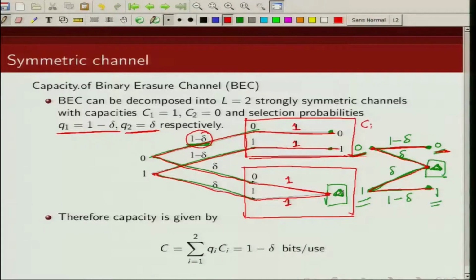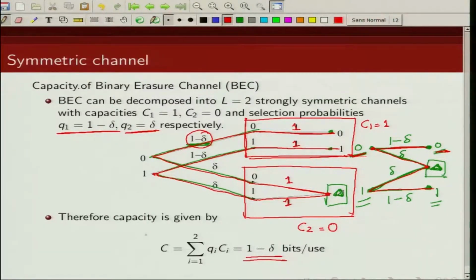So the capacity of this will be 1. Similarly, here J is 1, so log of 1 is 0, and the probabilities are 1, so the overall capacity of this strongly symmetric channel is 0. So the overall capacity will be the selection probability 1 minus delta times 1, plus delta times 0. So the capacity of a binary erasure channel is 1 minus delta bits per second.